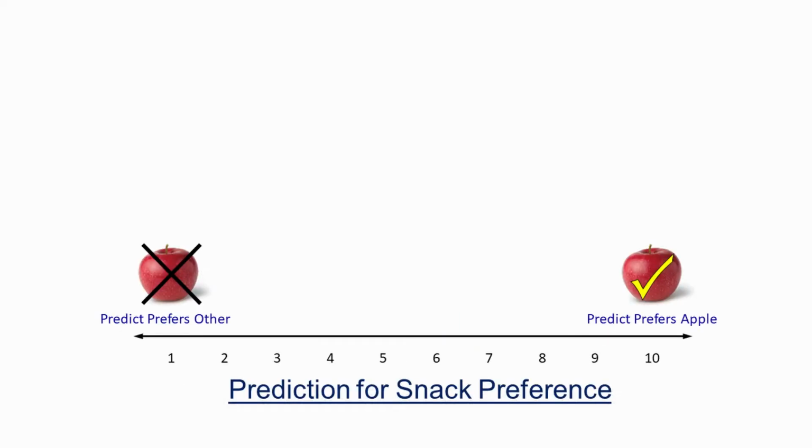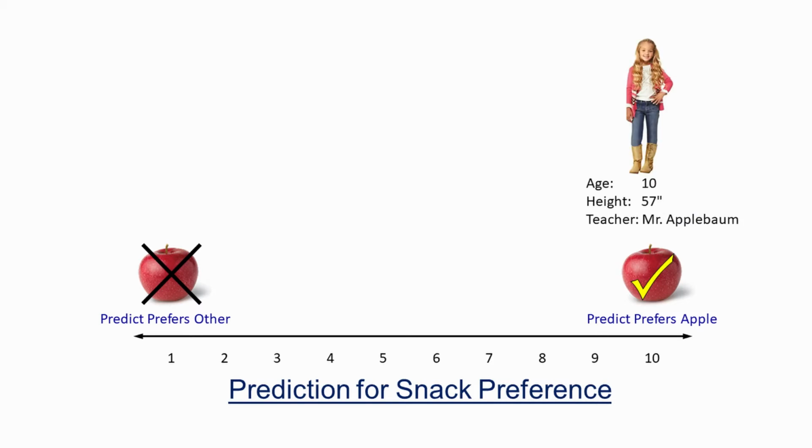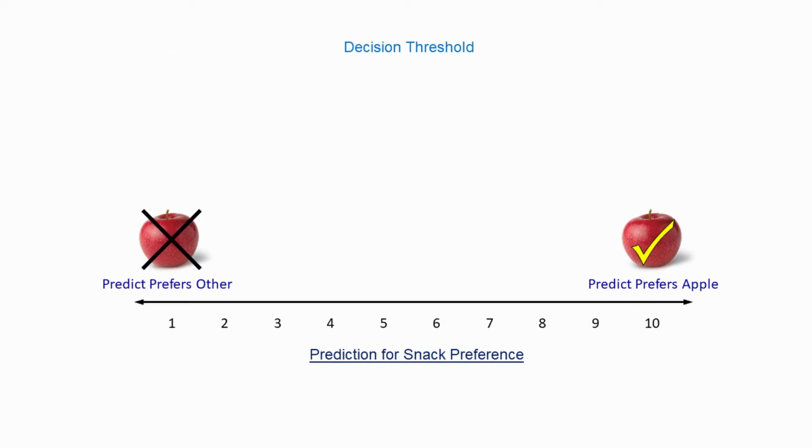For each kid, you give them a point score indicating the likelihood they will want an apple. A score of 10 means you are quite sure they'll want an apple, for example, a 10-year-old girl in Mr. Applebaum's class. A score of 1 means you're confident they will not want an apple, like a 6-year-old boy in Ms. Popcorn's class. For each kid, after calculating their prediction score, you make a decision.